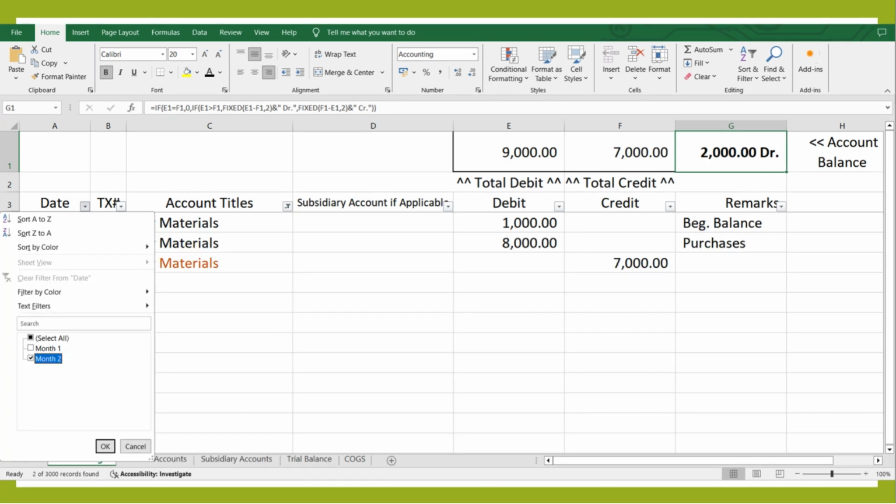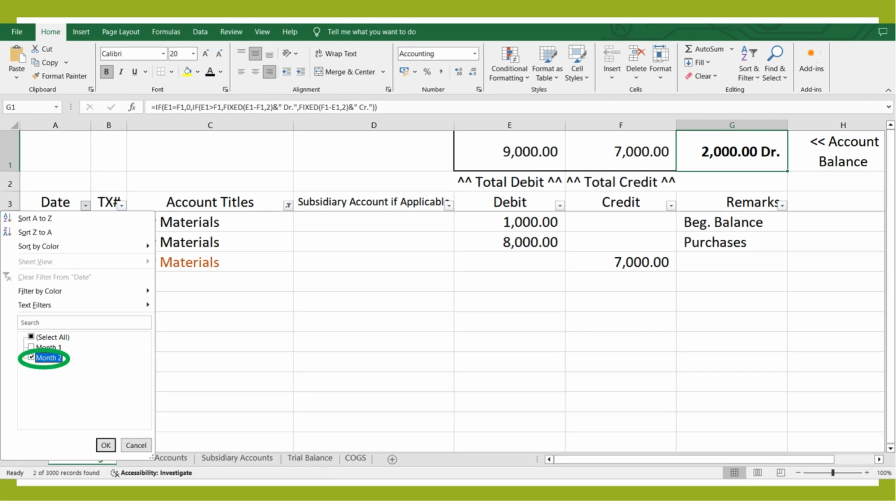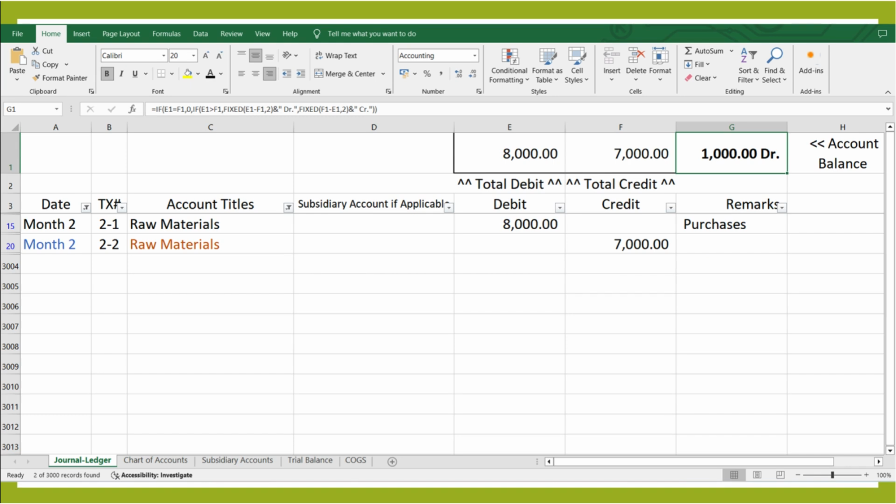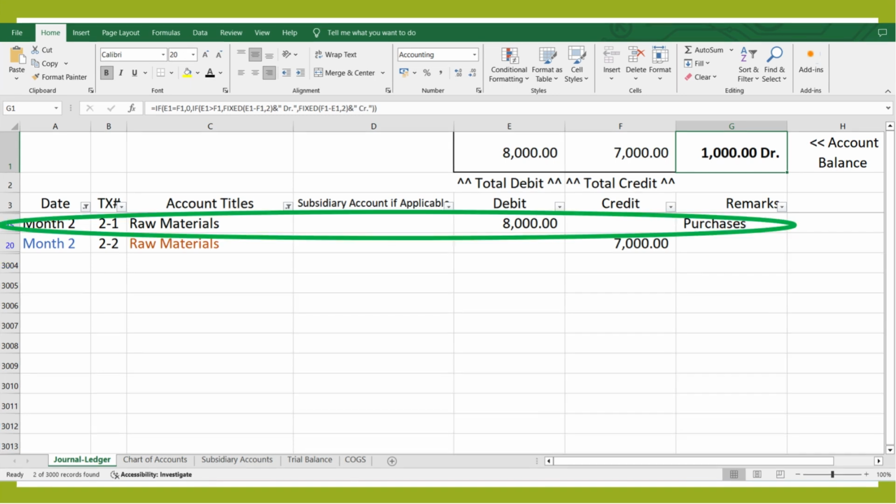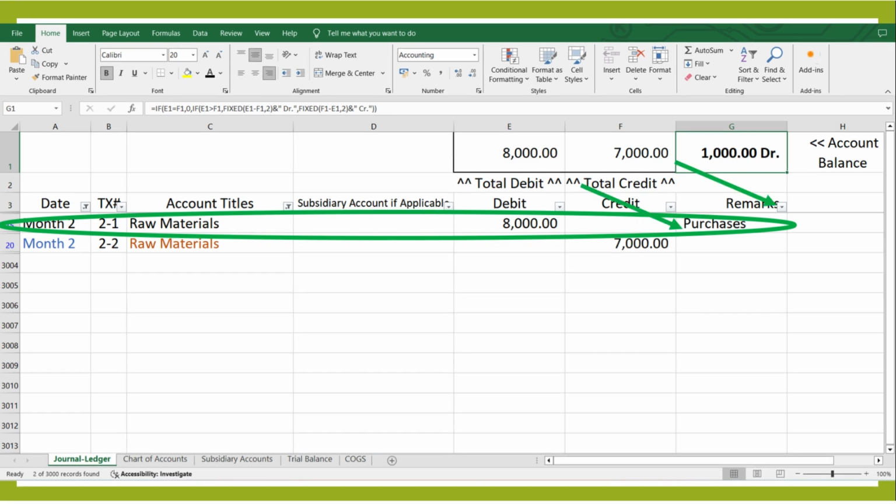The remaining items must pertain only to the current period, which in our case is month 2. We need to filter the date as shown. If there are many purchases, we can filter by remarks.